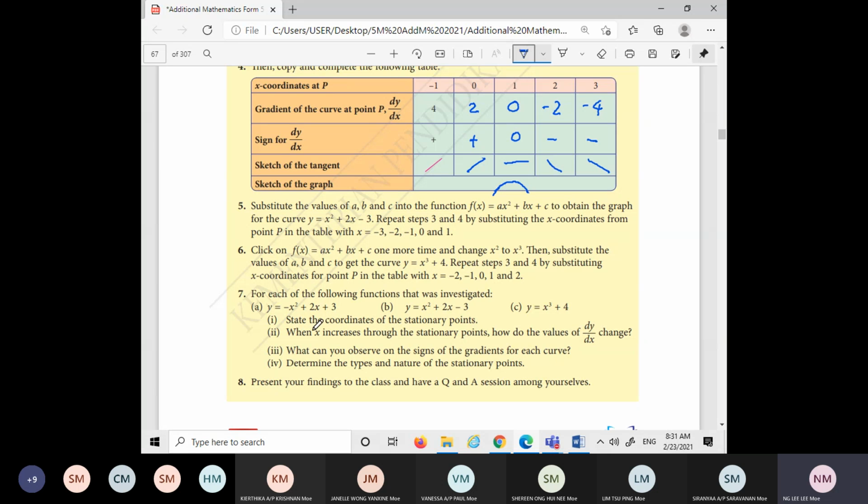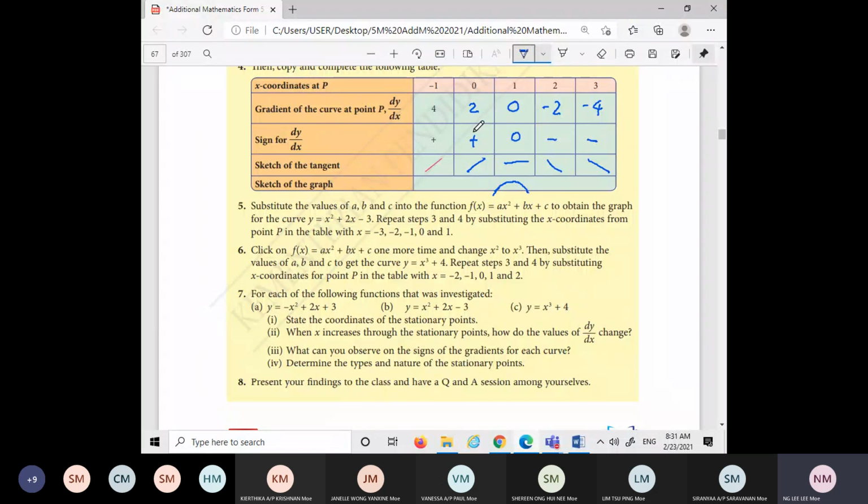Then for the B, shall I answer all the questions first for the A? When x increases through the stationary point, how do the values of dy dx change?